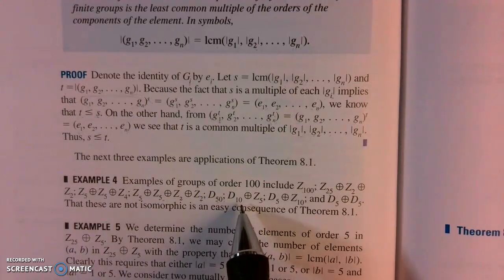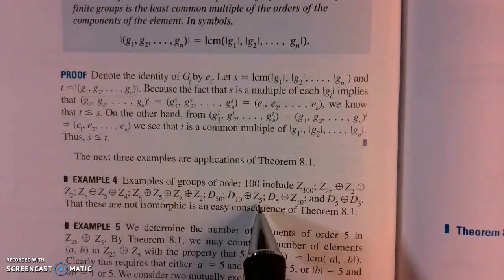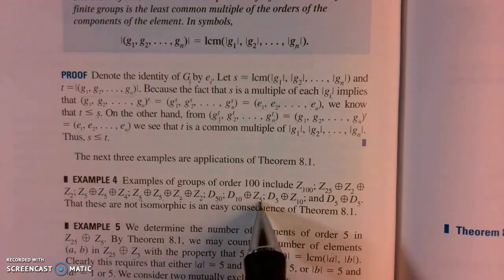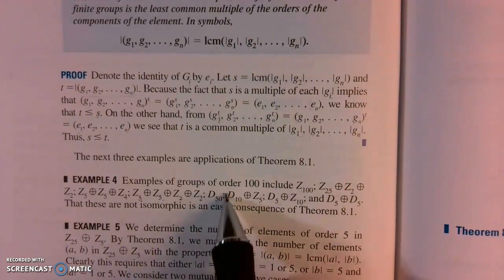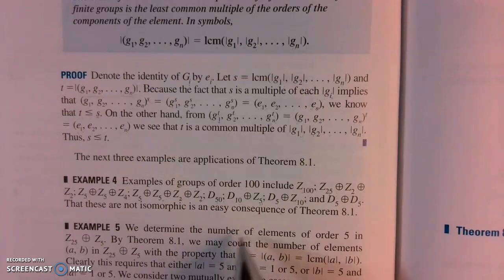Here, D10 plus Z5, this external direct product is of order 20 times 5, again 100.